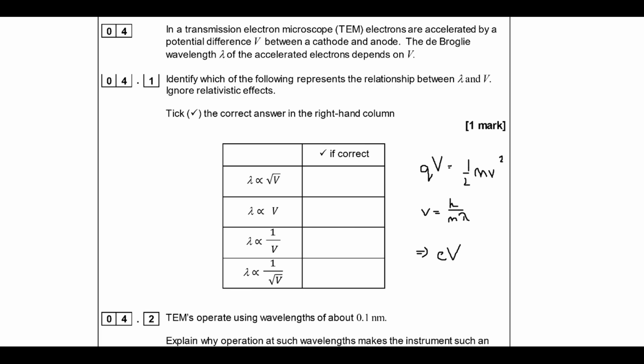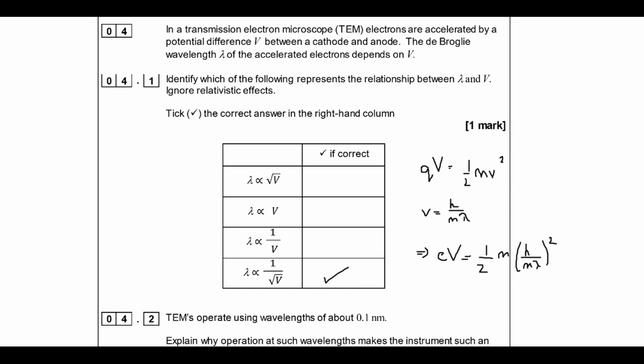So eV is going to be half m times by h over m lambda all squared. So from this we can see that V is going to be directly proportional to 1 over lambda squared, or lambda is going to be directly proportional to 1 over the square root of V, which is answer D. So that one.